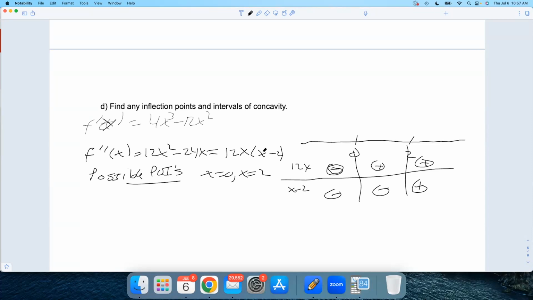And now just multiply, because those are multiplied. 2 negatives makes a positive, 1 negative makes a negative, and 2 positives makes a positive. You could also absolutely just pick a test point in each region and plug into the second derivative and check the sign. This is just quicker. All right, so we are concave up in these two regions and down in this region. So these are both points of inflection.